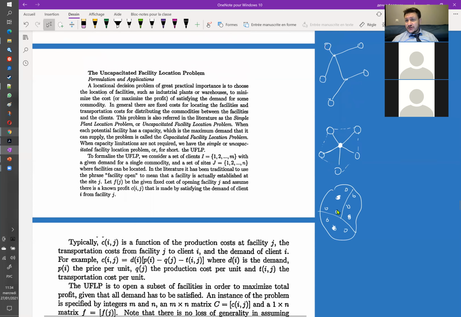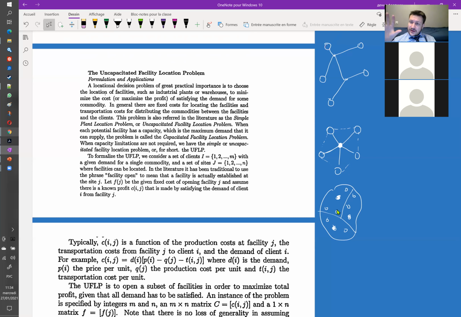It's some kind of location. For example, there is a store.